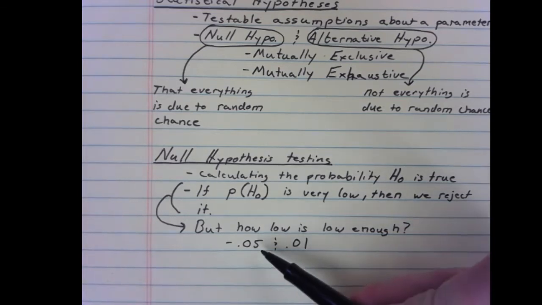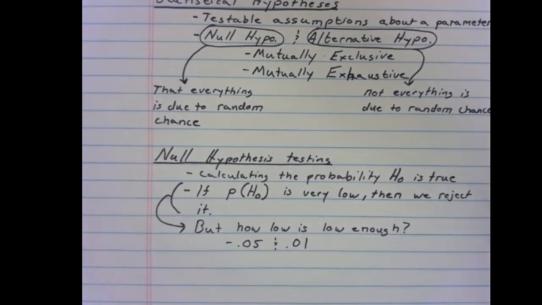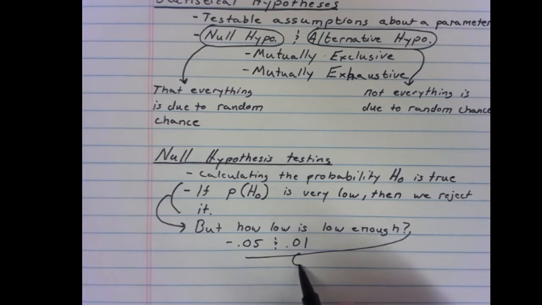Now, 0.05 is far and away the most common, especially if you're talking neuroscience, psychology, and biology. However, there is a push, especially in some areas of psychology, to move it to 0.01. Now, this probability, this decision rule, is called our alpha level.